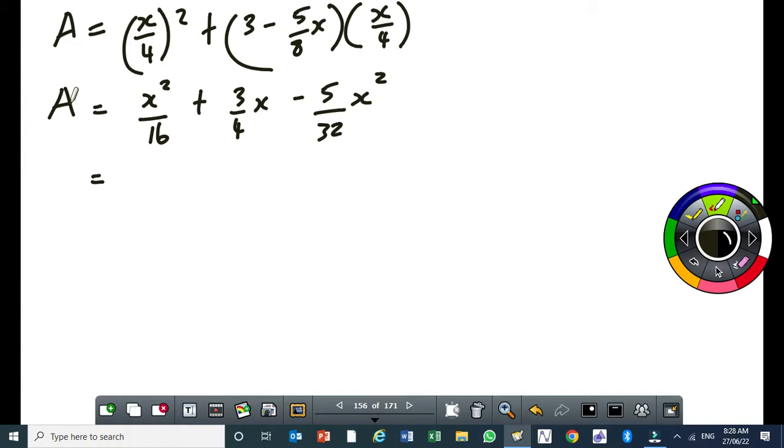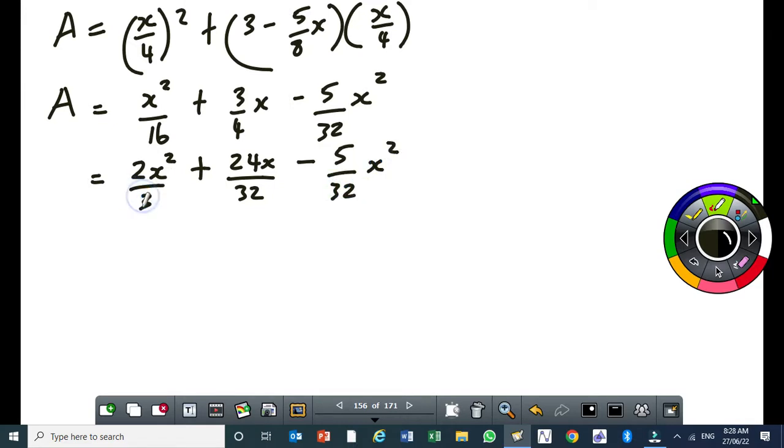So we multiply the x squared by 2, so that will be 2x squared. Then here we multiply this 4 by 8, the 3 by 8, so we get 24x over 32. Alright? Minus 5 over 32x squared.